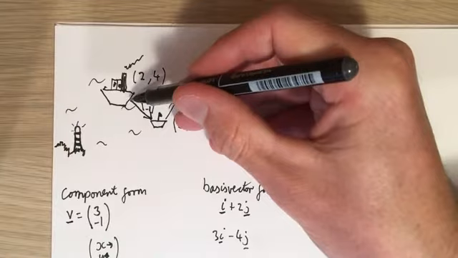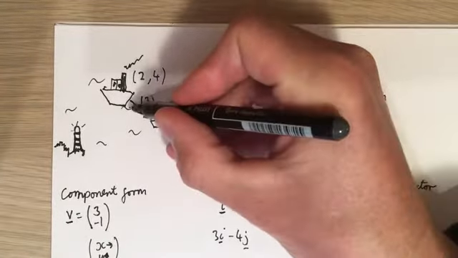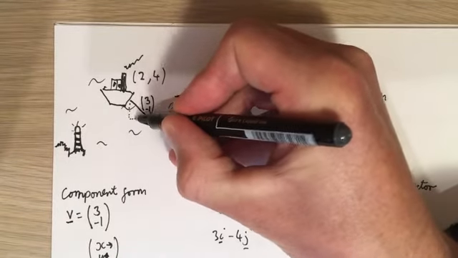Here's a vector. It goes 3 units right and 1 unit down. How long is that vector? I can do my Pythagoras on this vector here.